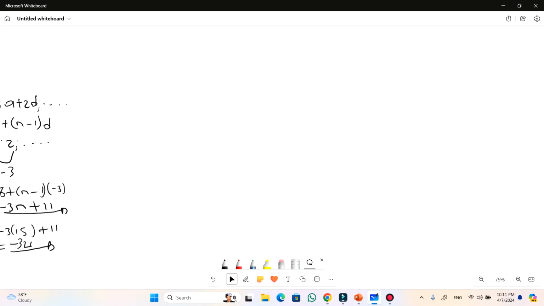Now our second question says determine which term of the sequence is negative 289. So negative 289 is the value, and what we are looking for here is the position of that negative 289, as you know that negative 289 is a value in our sequence.